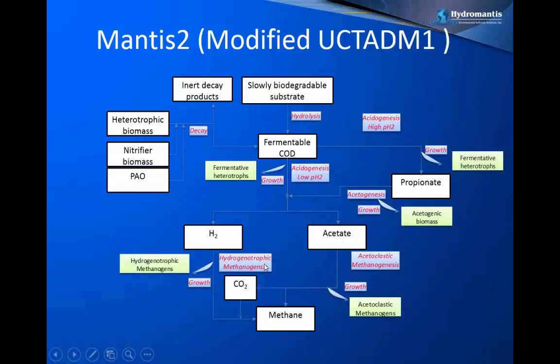And we have hydrogenotrophic methanogenesis, in which we are using hydrogen and CO2 to produce methane. So it's a reasonable level of detail that is needed to model anaerobic digestion, and it does account for the effect of, for example, the hydrogen in the system, and it does have some inhibition feedback mechanism to produce propionate or acetate in the system.